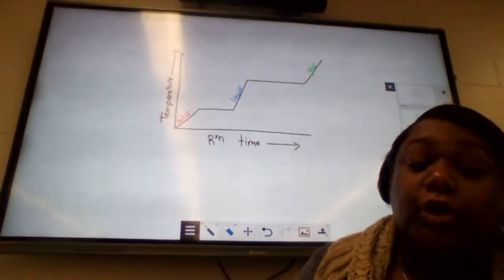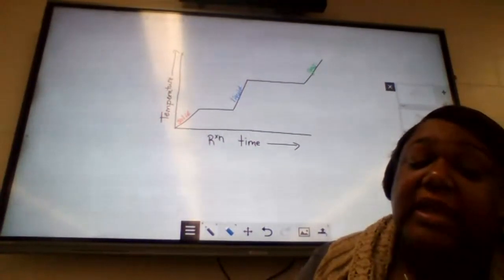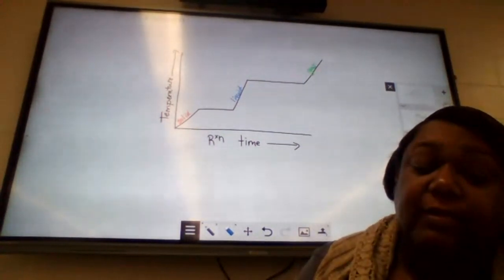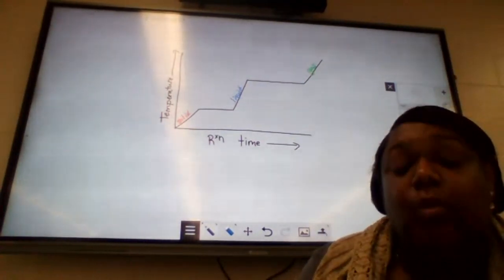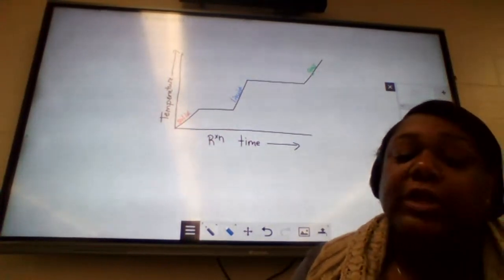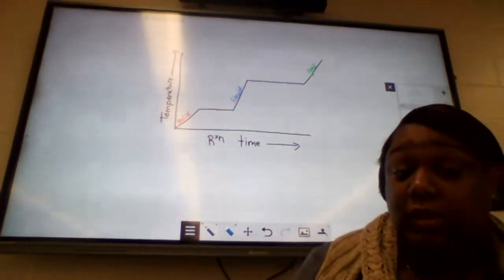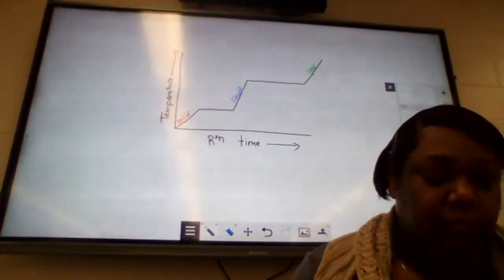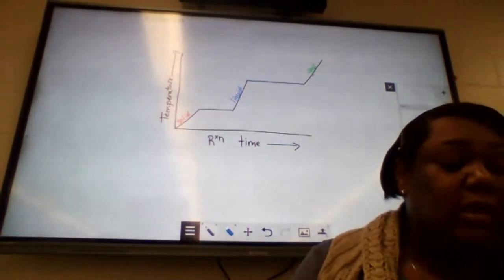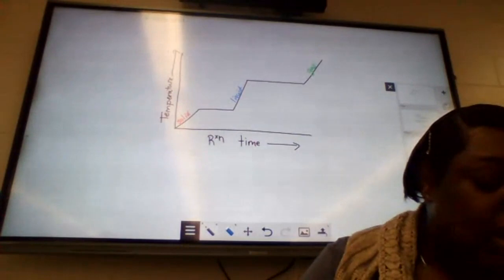But please remember, when we're looking at potential energy, the potential energy for your solid is less than the potential energy for your liquid, which is obviously less than the potential energy for your gases. So gases have a much higher potential energy than do liquids or solids. And that should make sense for you.